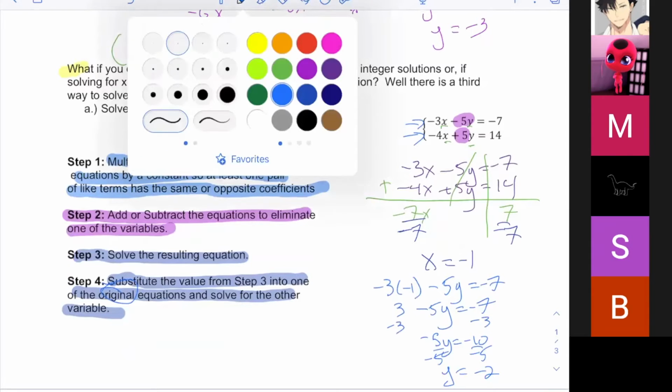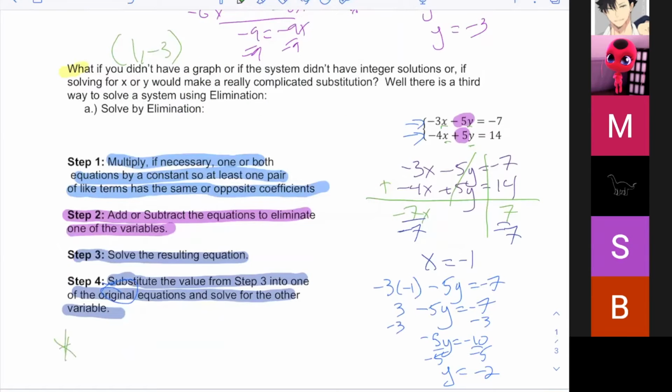And there really should be a step 5 here, which is write solution as ordered pair and check. So the ordered pair would be negative 1 comma negative 2.